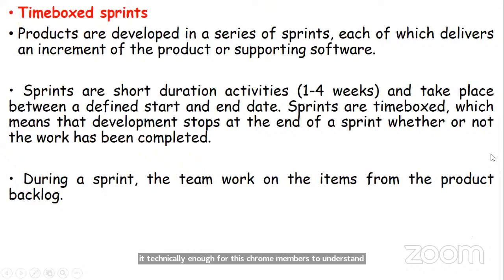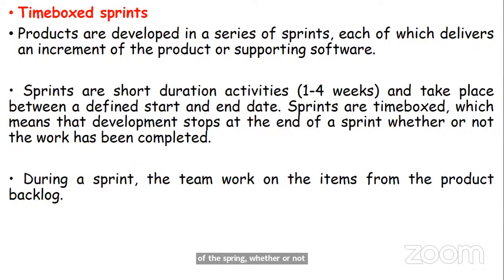Then time boxed sprints. Products are developed in a series of sprints, each of which delivers an increment of the product or supporting software. A sprint has a short time duration of 1 to 4 weeks and takes place between a defined start and end date. Sprints are time boxed, which means that development stops at the end of a sprint, whether or not the work has been completed.